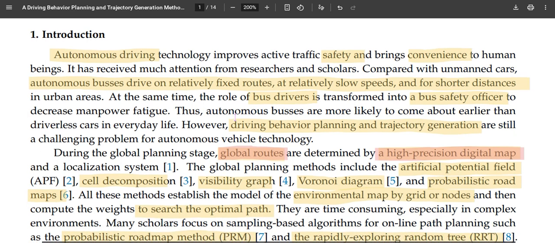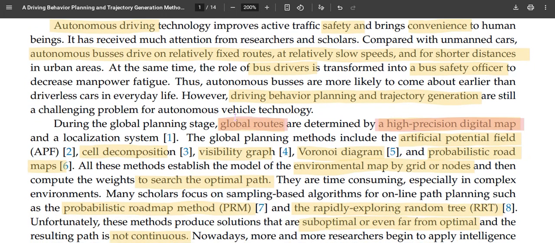So in future, a driver can become a safety officer, and his task would be to make sure the bus runs autonomously and properly, so that we can be away from manpower fatigue.